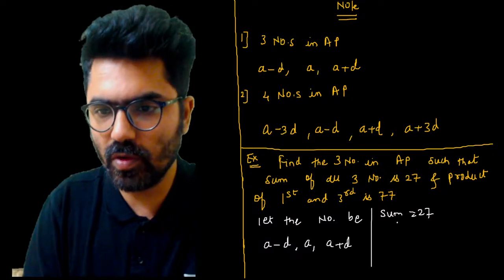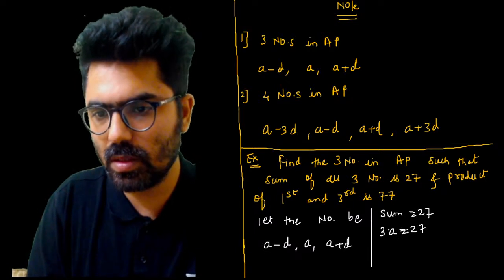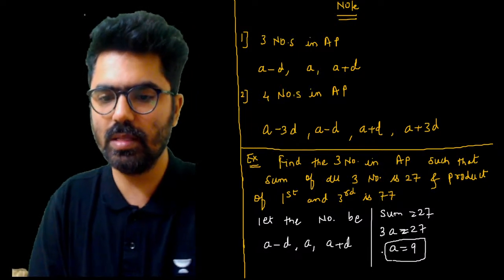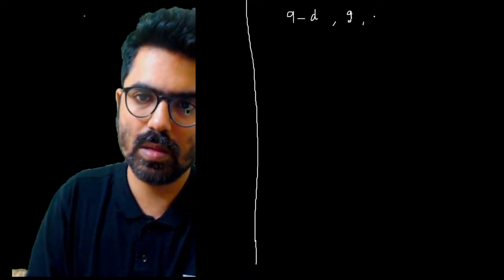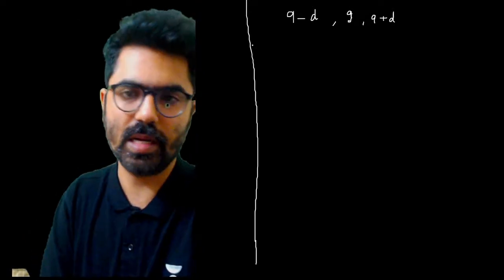If you add all these 3 numbers, you will get 3a, that is 27. So from here a is 9. Hence the 3 numbers are 9 minus d, 9, and 9 plus d.